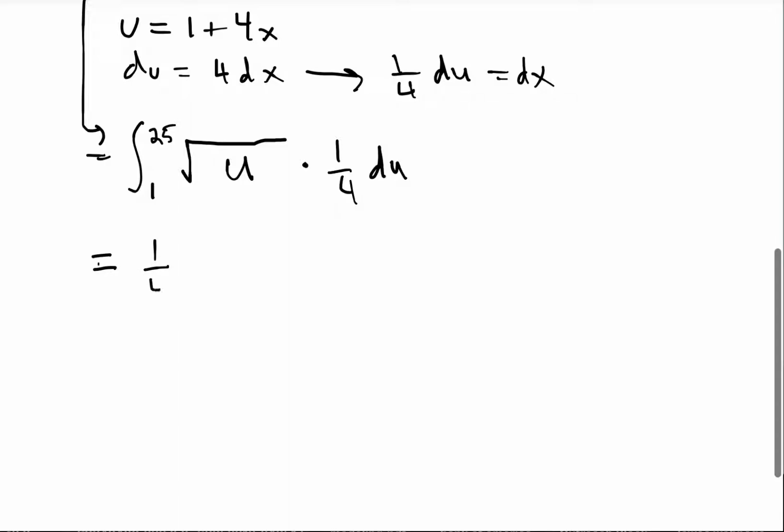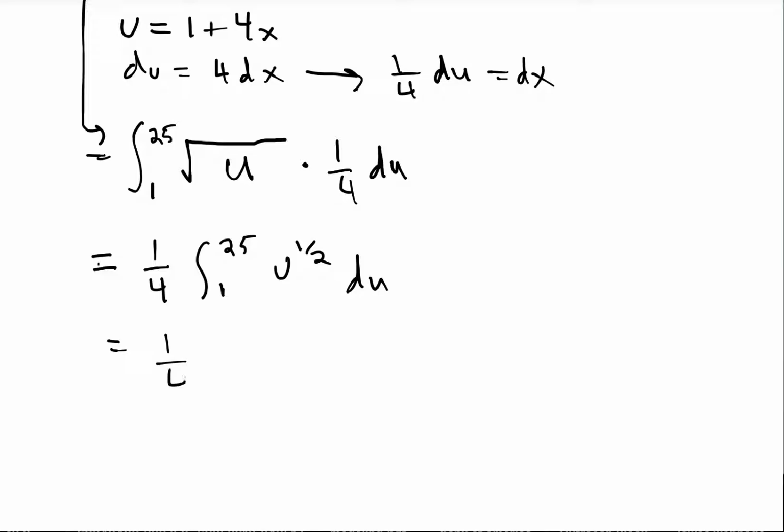Okay, so ultimately, if I want to simplify this, another way to think about this is I'm anti-deriving a half power. That's what roots are. So I could hang on to my coefficient and then apply power rule. That means I'll have added 1 to my exponent and then divided by the same number.